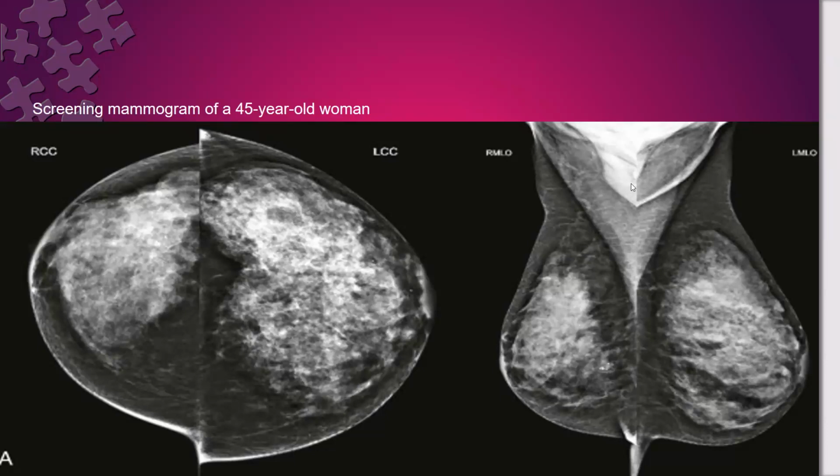So what do you expect? What is next? Ultrasound. Yes, it was unremarkable, demonstrating non-mass-like parenchymal changes or lesions.